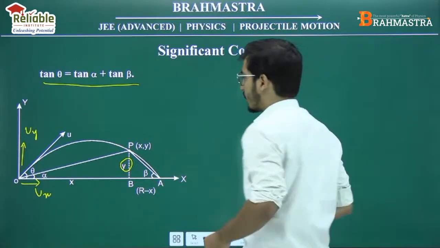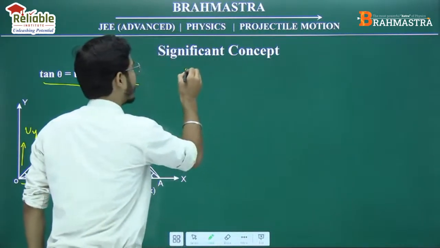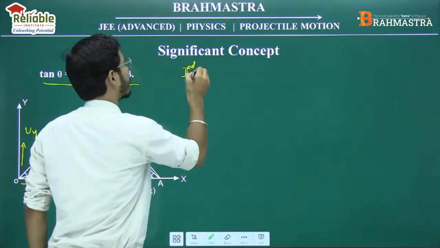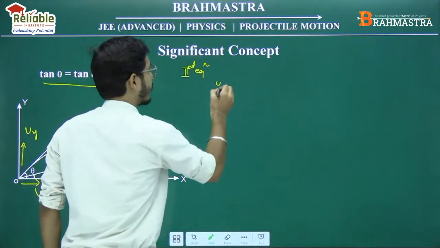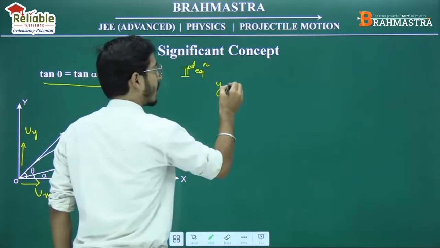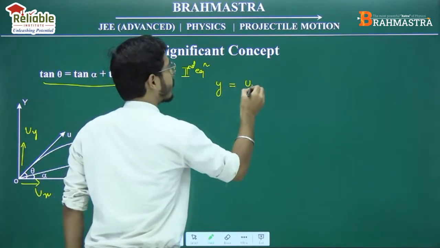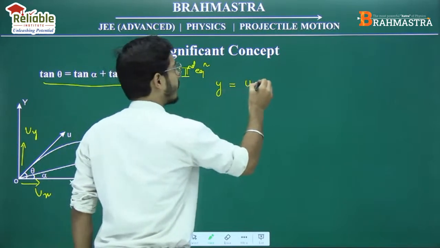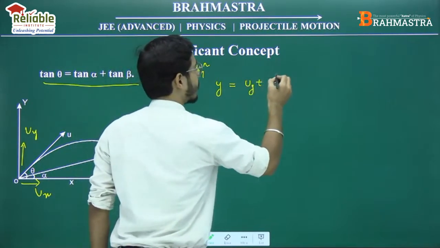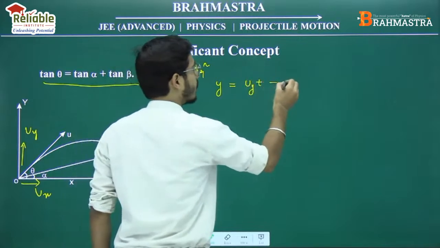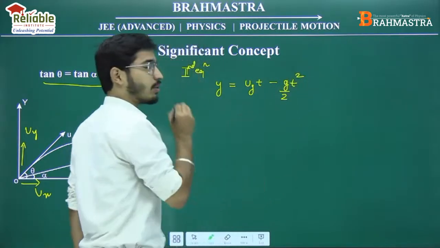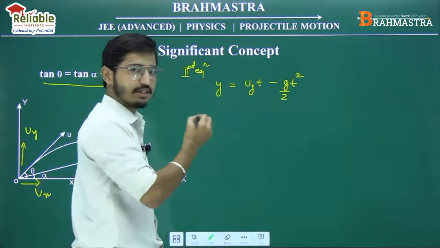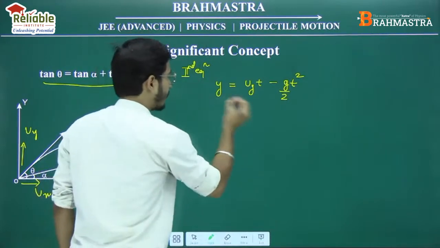So I am applying the second equation. The displacement in the y direction is y equals the initial velocity in the y direction, uy t, minus, because the acceleration is downward, g by 2 t square, right? This is our equation.